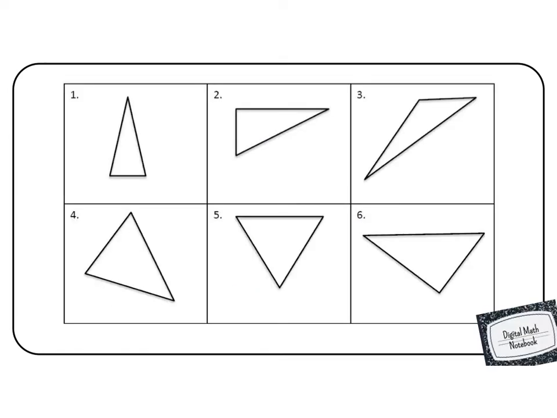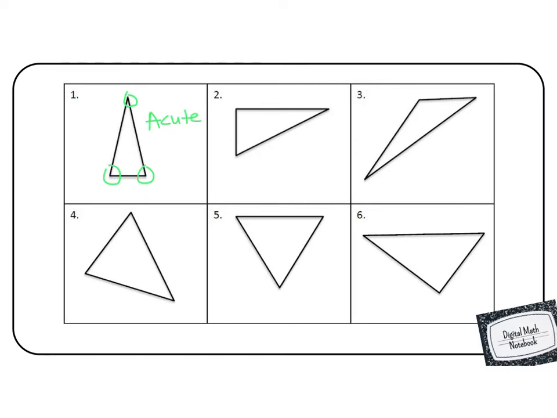All right, friends, in your digital math notebook, you have a page that looks like mine. We're going to look at these triangles, look at their angles, and then classify them and give them a name. The first triangle that we see has all acute angles. So that means that we would call it an acute triangle.